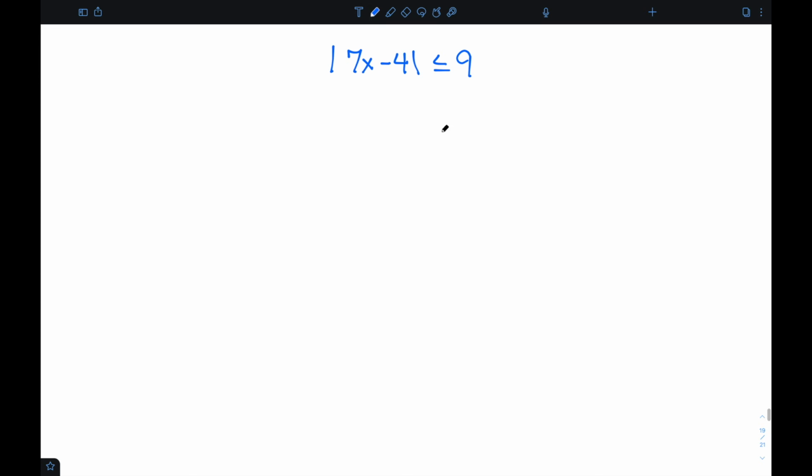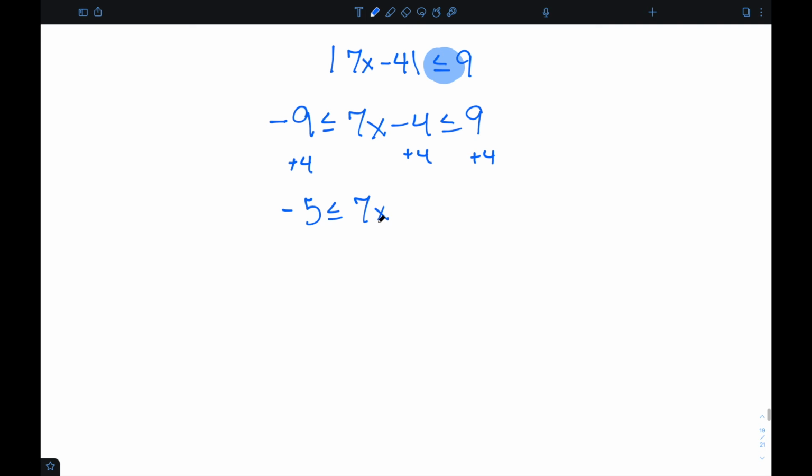Next, let's look at the absolute value of 7x minus 4 is less than or equal to 9. We need our less than rule again. That says -9 is less than or equal to 7x minus 4 is less than or equal to 9. I can add 4 to all three sides. That gets me -5 is less than or equal to 7x is less than or equal to 13.